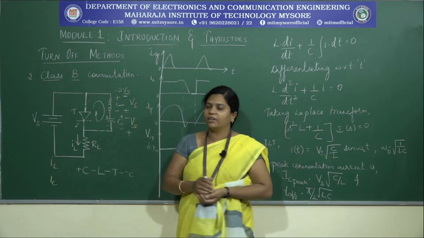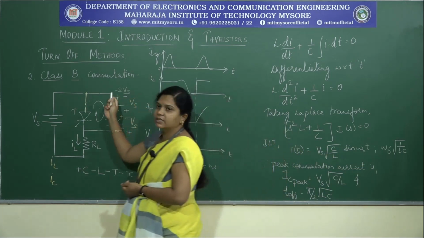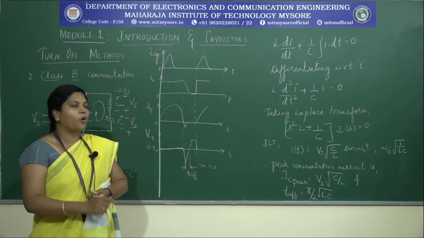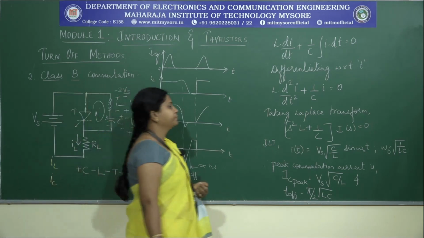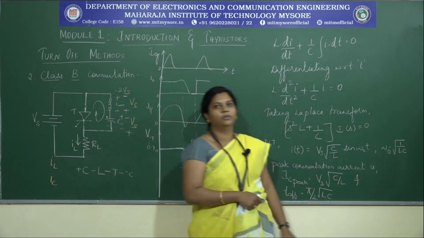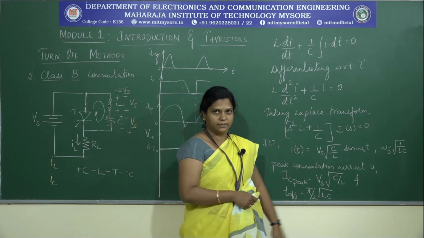Whenever you use the L and C circuit together, it behaves as an oscillator circuit, so the natural frequency omega naught is equal to 1 by root of LC.